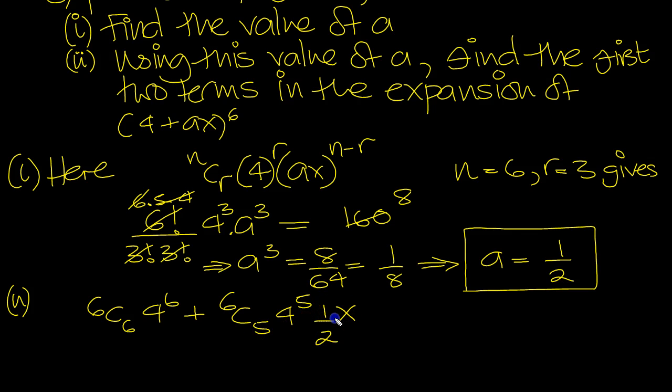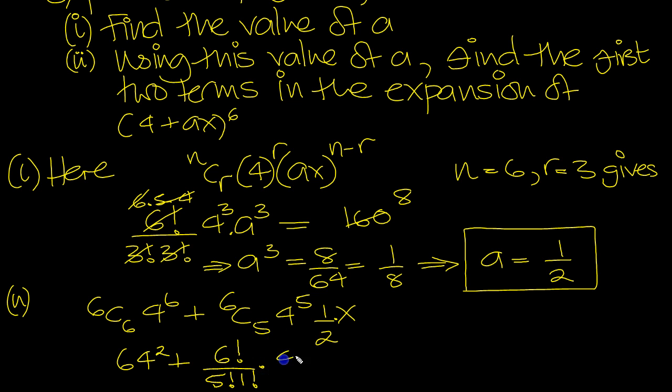Okay, so that's that many x's. So this is 1. 4 to the 6 is 64 is 4 cubed, so 64 squared, plus this is 6 factorial over 5 factorial, 1 factorial, isn't it?